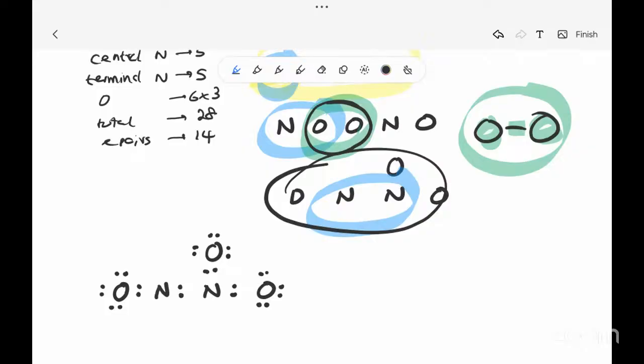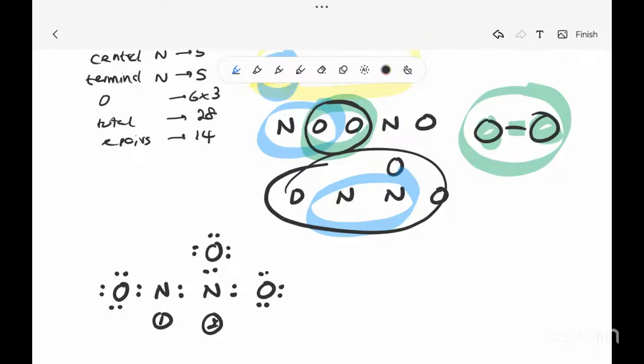Where do we place this one? The first nitrogen or the second nitrogen? On the second nitrogen we have already placed 6, or 3 bond pairs. On the first nitrogen we have only 2.